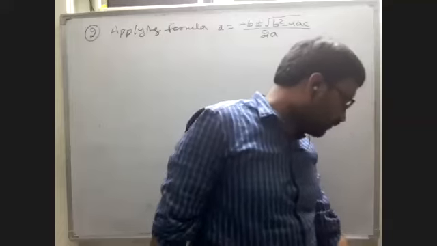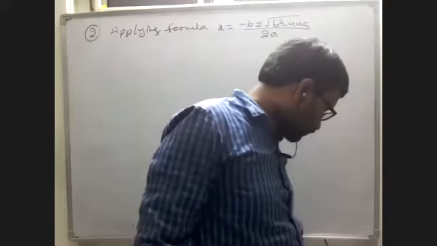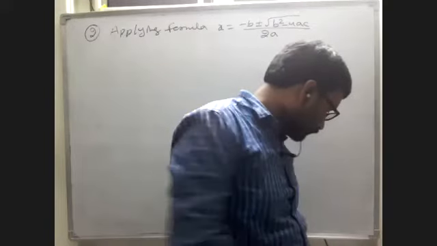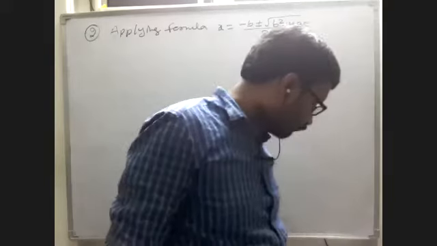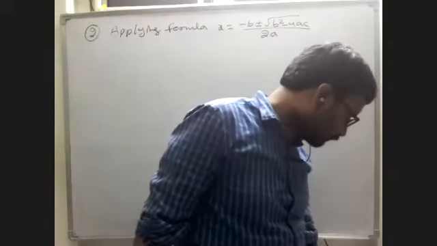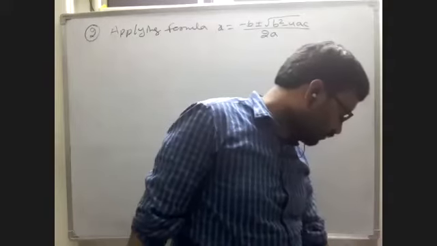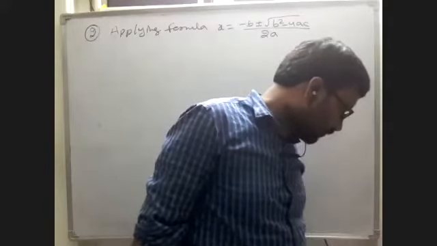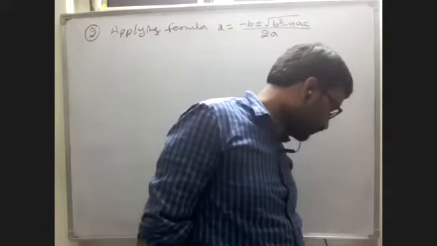Now I am taking one question. Which question we have to take? I am taking one example question. Why? Because in example they already gave the root values of which one?